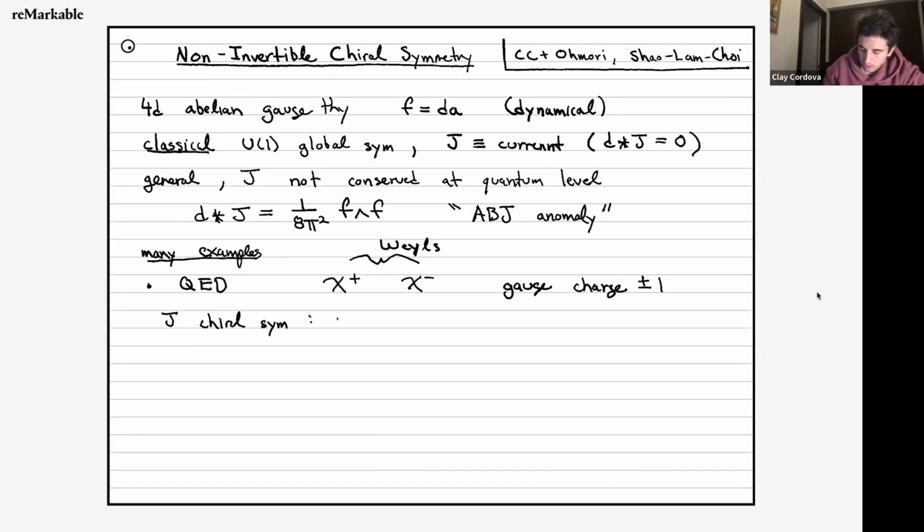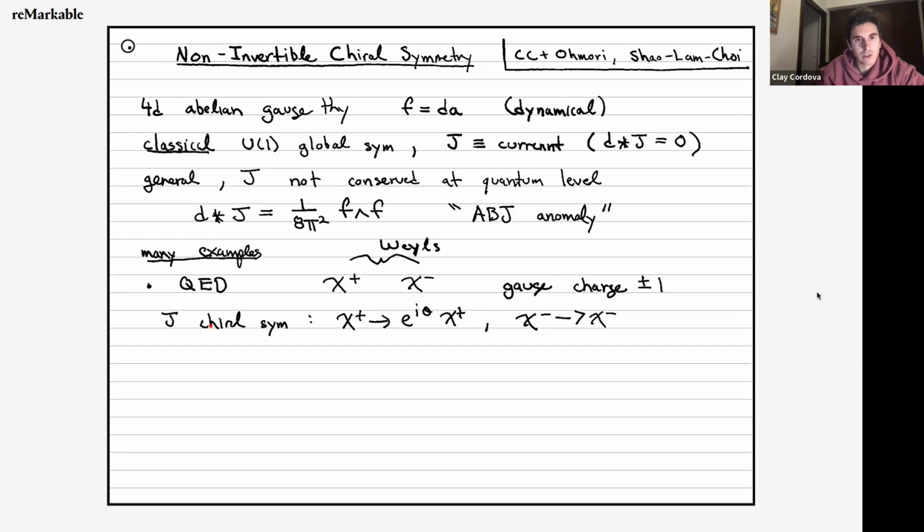So, for instance, chi plus rotates to e to the i theta chi plus, and chi minus is inert. So this is a chiral symmetry, and this is the first example that we learn where classically the current is conserved, and quantum mechanically one has this ABJ anomaly equation.